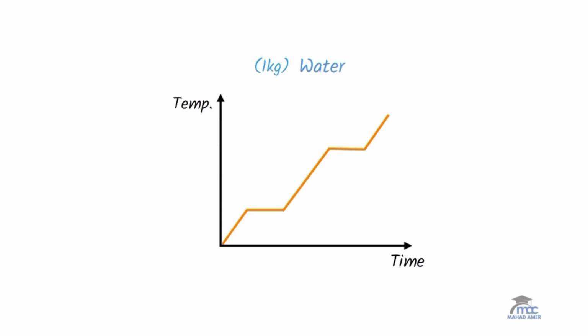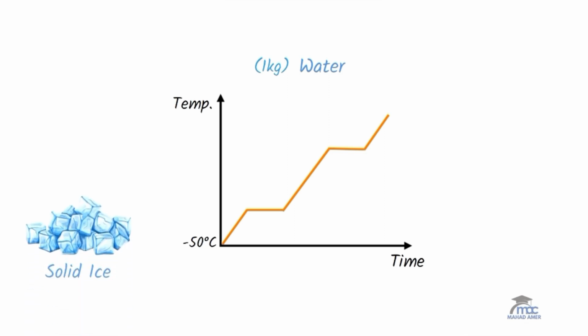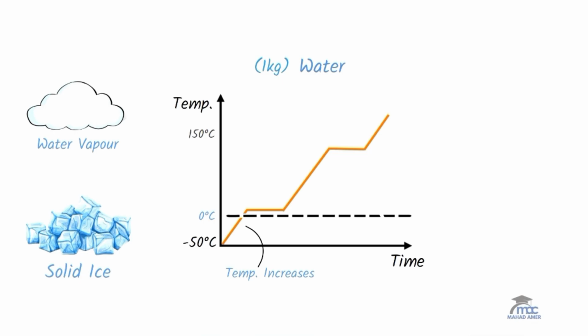To see how it works, we take the example of water, which is heated from minus 50 degrees Celsius, where it was solid ice, to 150 degrees Celsius, where it is gaseous water vapor. As we heat 1 kg of ice, particles all gain internal energy, and so its temperature increases.